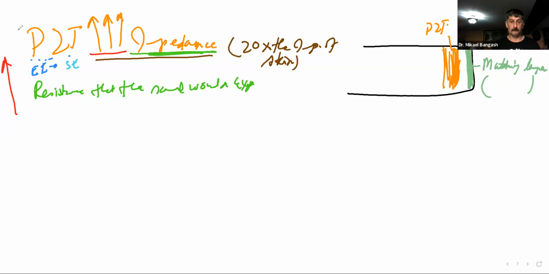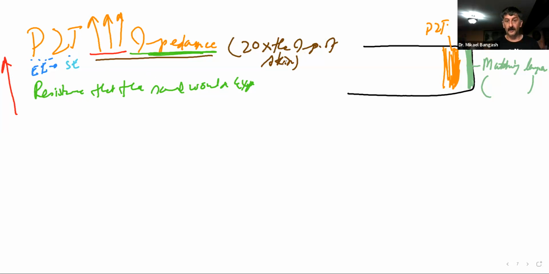Although the adverse effect, or the negative effect, or the disadvantage of using this specific material as a piezoelectric material was that it ends up having a great impedance, which was 20 times greater than the impedance of skin.